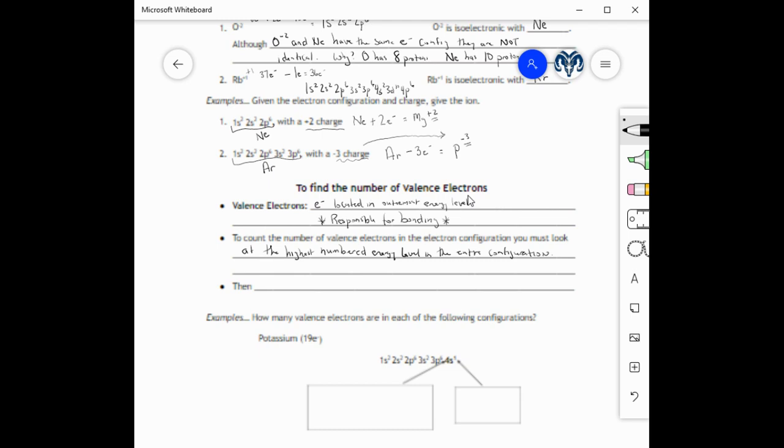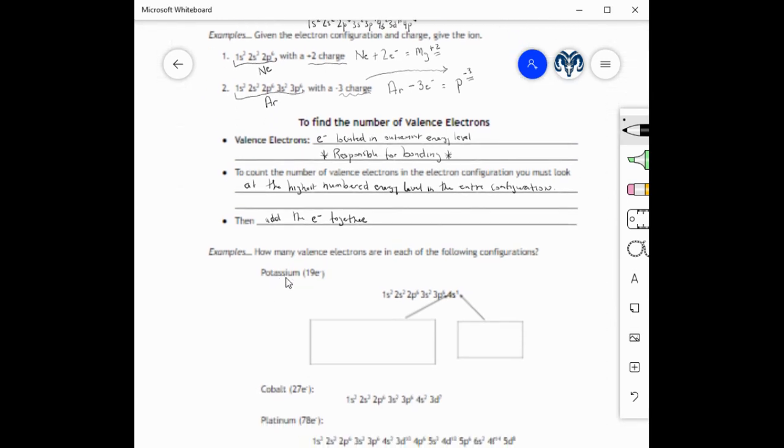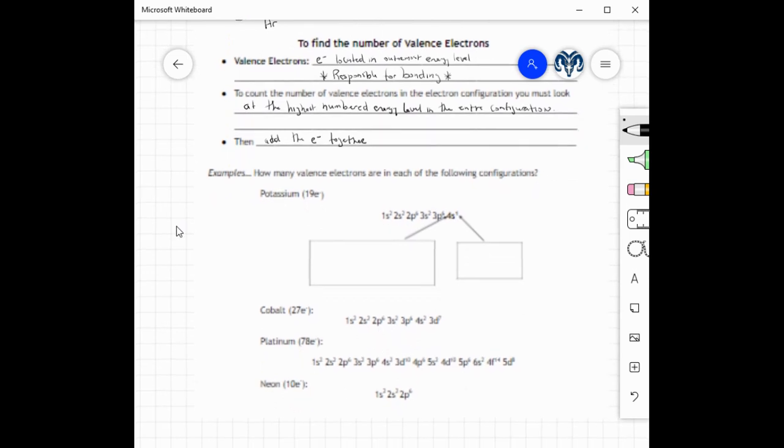Then you add the electrons together. So to find the number of valence electrons, that's what you do. So, question, how many valence electrons are in each of the following configurations?